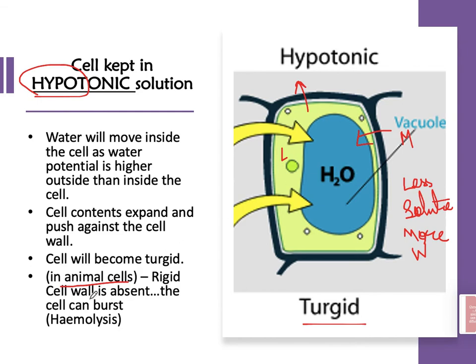But this will not happen when we talk about a plant cell. Can anyone tell me why? Yes, you are absolutely right, because of the presence of this thick, rigid cell wall. So the cell wall is not going to let your cell burst. Though the cell will become turgid, very much swelled up, the cell wall will not let it burst. Okay, so the plant cell will only be turgid, but an animal cell can burst.